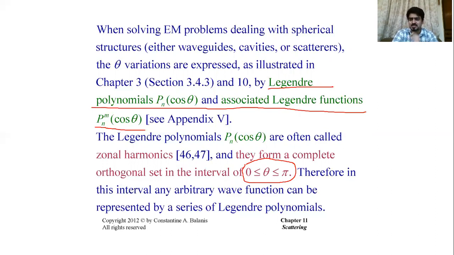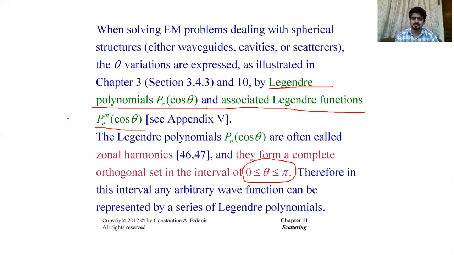So for that range, from theta equals 0 to theta equals pi, we can write any function as a summation of these orthogonal functions, like we do in the Fourier transformation or Fourier series. In the Fourier series, we use sine and cosine functions, which again create a set of orthogonal functions.